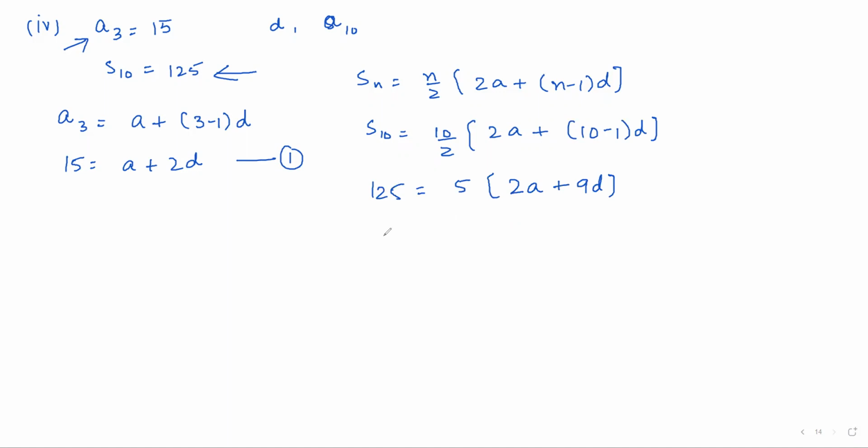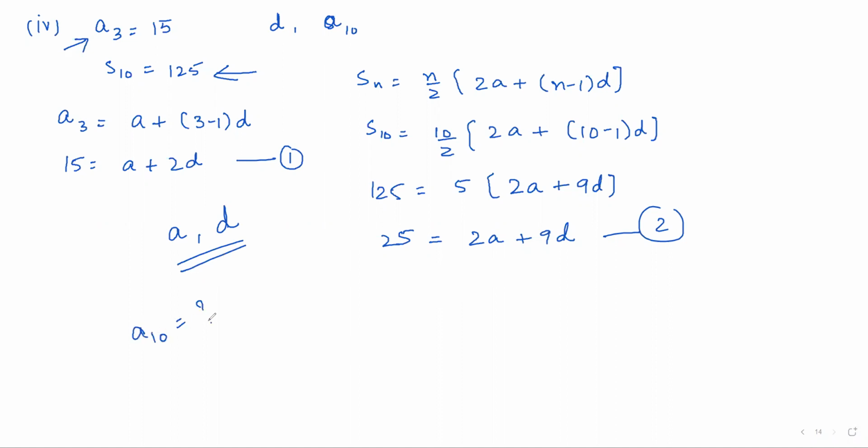So 25 is equal to 2a plus 9d. So ultimately you are going to get two linear equations in two variables. You will solve them. You will get a, you will get d. Once you find a and d, you can find a10.